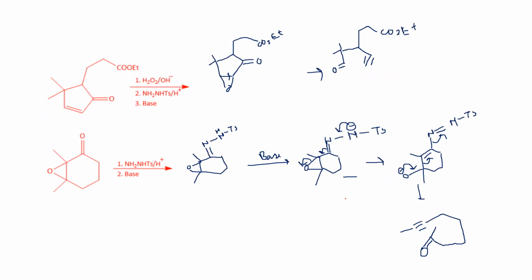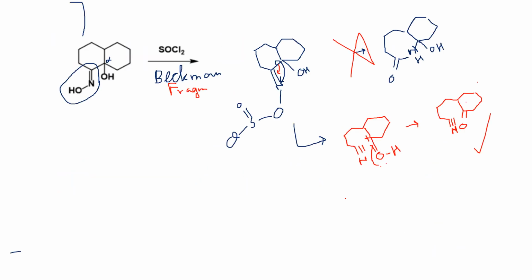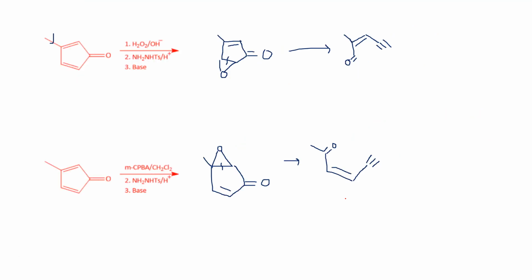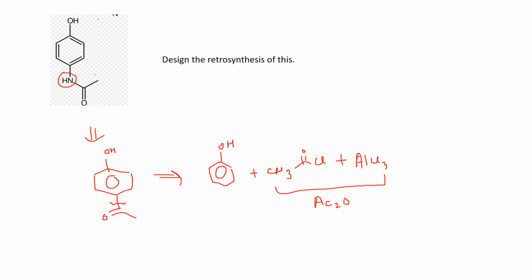Then we solved different types of questions based on that, and how just by looking at the substrate nature we can predict whether we will get Beckmann fragmentation or Beckmann rearrangement. And just by changing the epoxidation reagent we can perform epoxidation of the different double bonds. Then we solved some questions and predicted the retrosynthesis of this product. So just by knowing these reactions you can design retrosynthesis of a complex molecule.